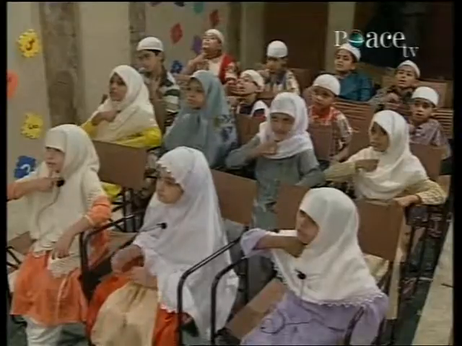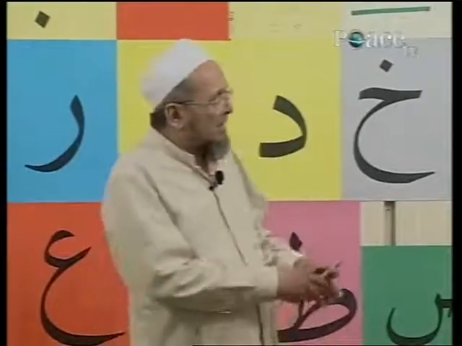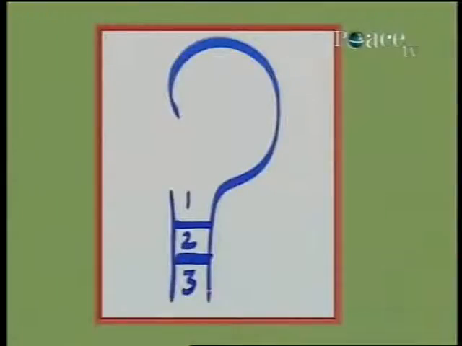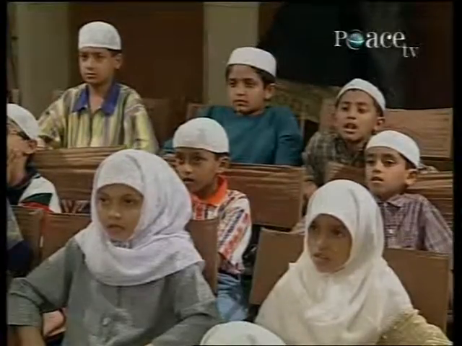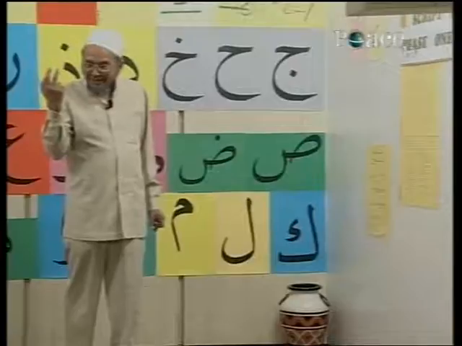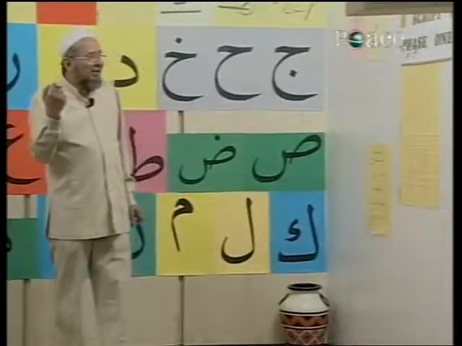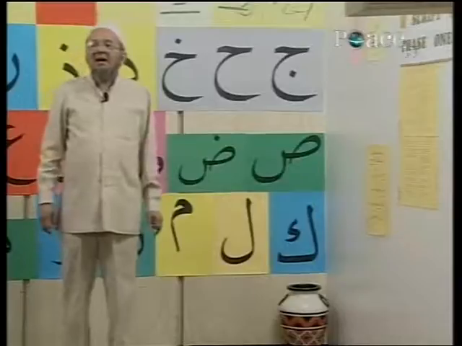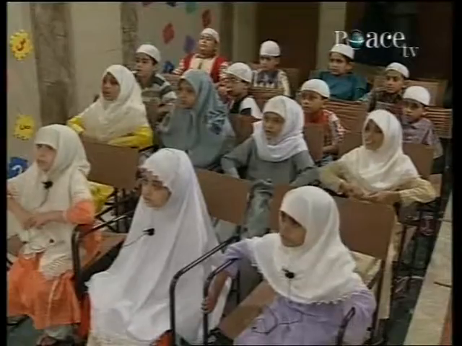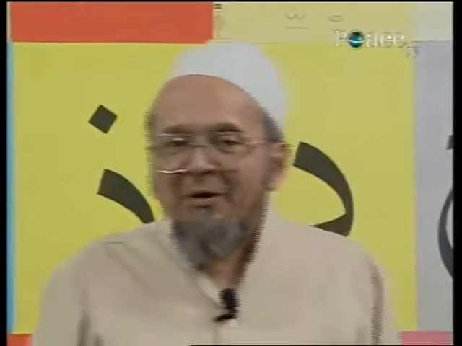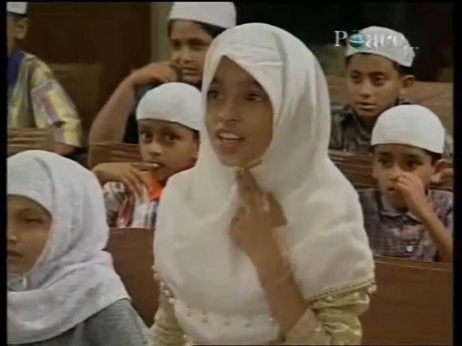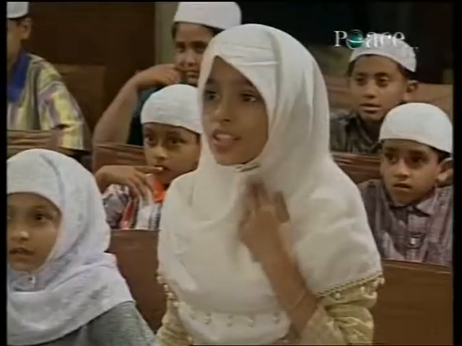From these 3 places, 2 letters originate from each place. I am articulating first of all a, h. Please let me know from where they come. First section, and ha comes from the third section.